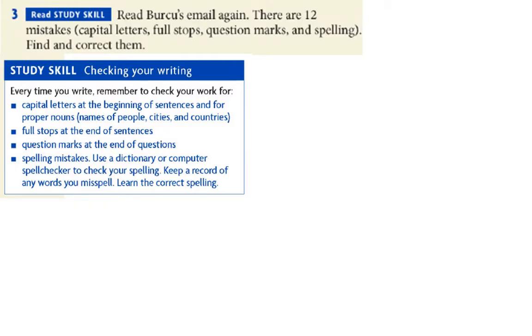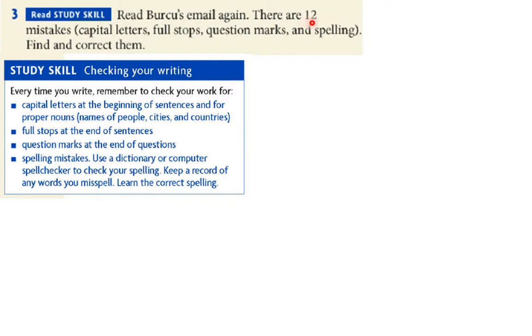Let's go to exercise 3. And here we will read the study skill. Read Parko's email again. There are 12 mistakes: capital letters, full stops, question marks, and spelling. Find and correct them. So in this exercise, we will read the email again in order to find 12 mistakes.